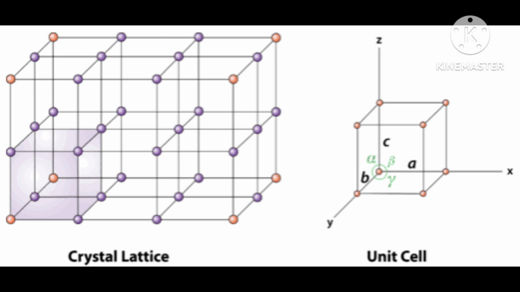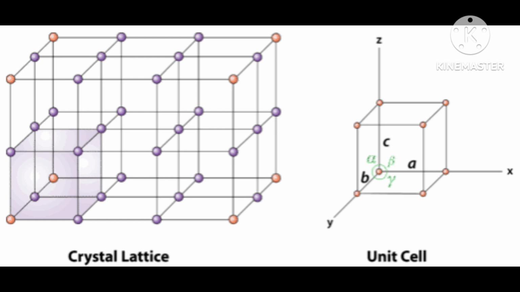Now in a centered cubic unit cell, first all corners will have atoms. Other than this, in addition to this, if some particles are also present, these 8 corners mean 8 particles are there, this should be there.